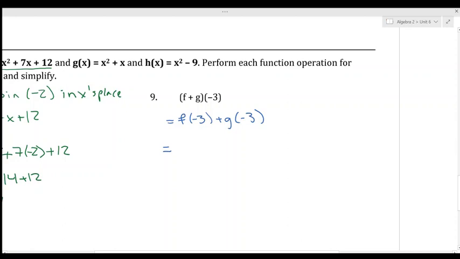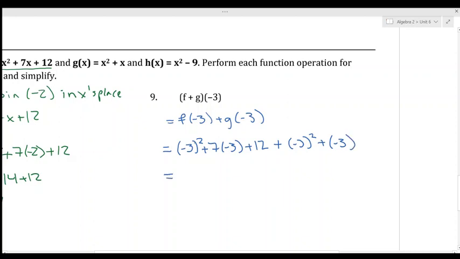This gives me negative 3 squared plus 7 times negative 3 plus 12, plus, now our g of x is x squared plus x, so we get negative 3 squared plus a negative 3.